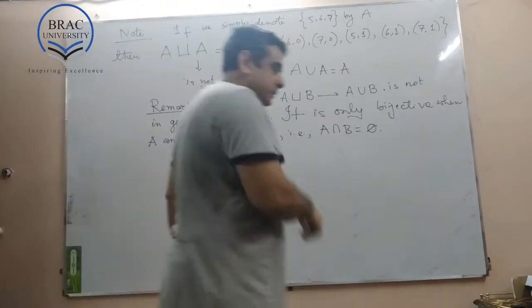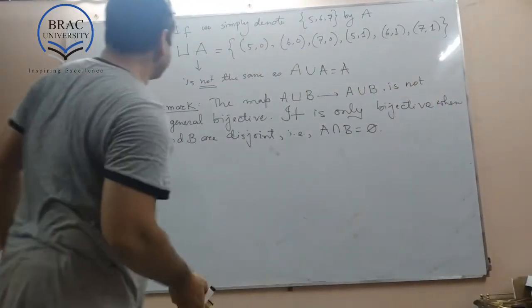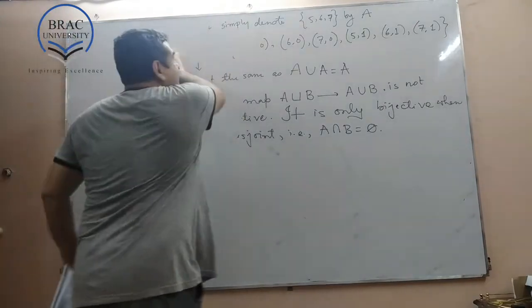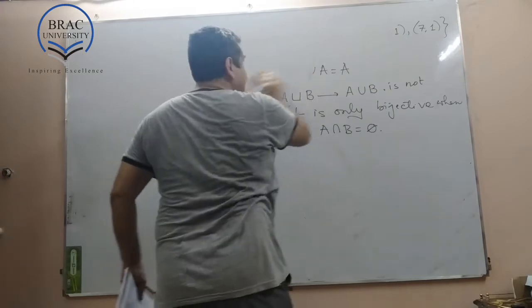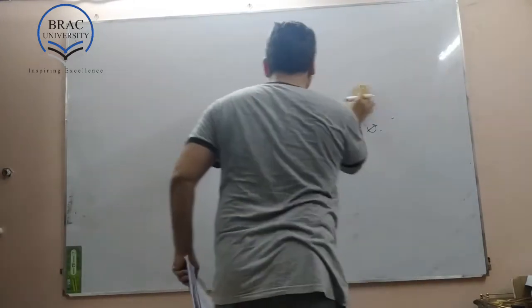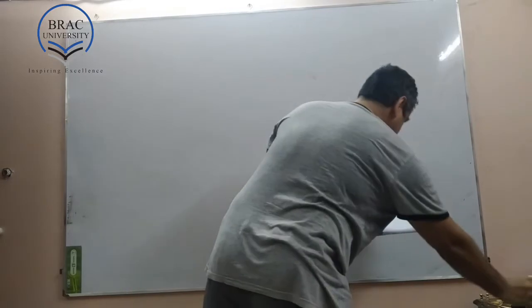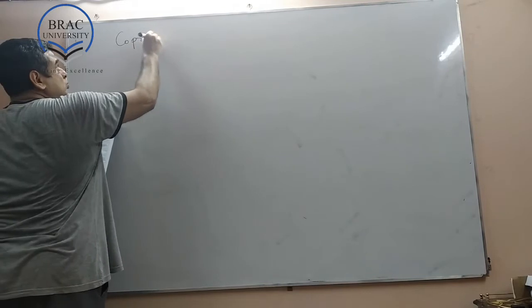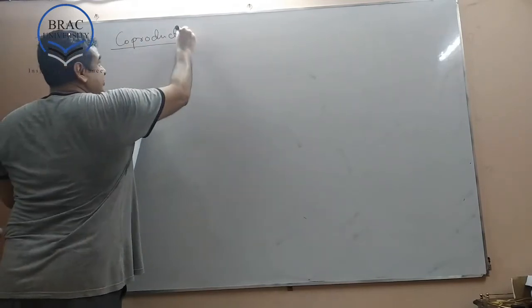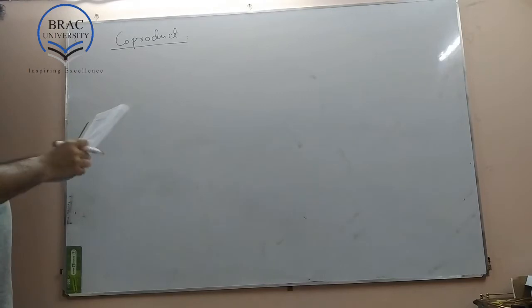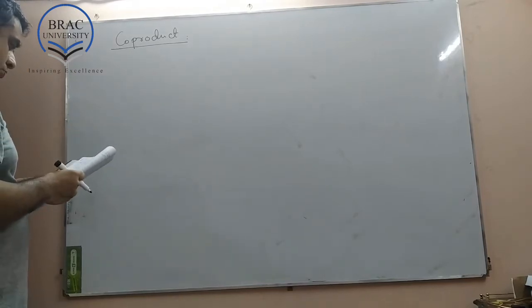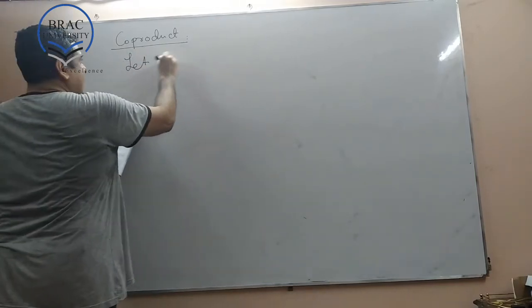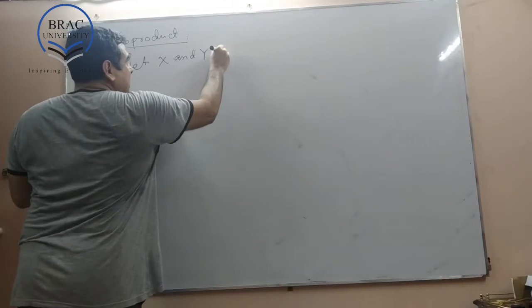Now let me define the coproduct of two sets. Okay. Coproduct. Let X and Y be sets.